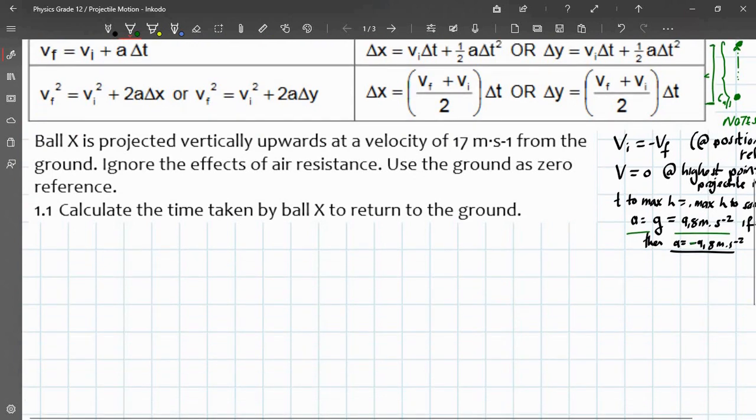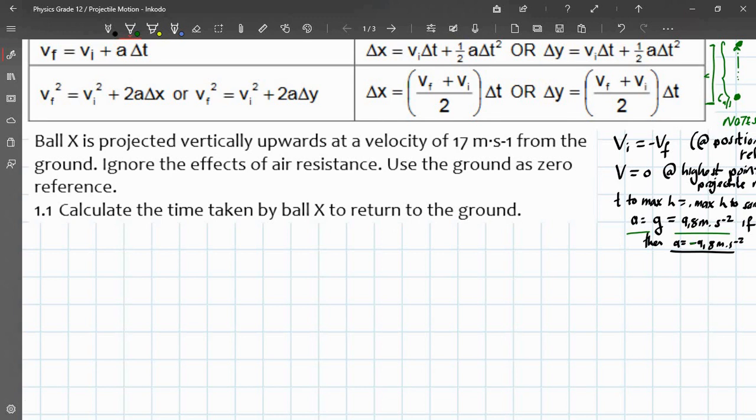Right, so let's do this question based on question 3, I think it is, from the December 2015 final exam, paper 1. It goes like this: a ball X is projected vertically upwards at a velocity of 17 meters per second from the ground. Ignore the effects of air resistance, use the ground as zero reference. The first thing they want you to do is calculate the time taken by the ball to return to the ground.